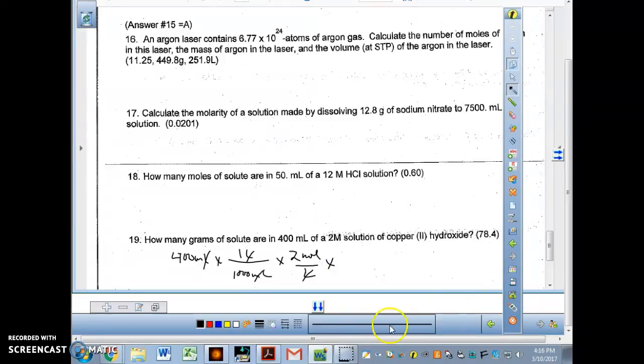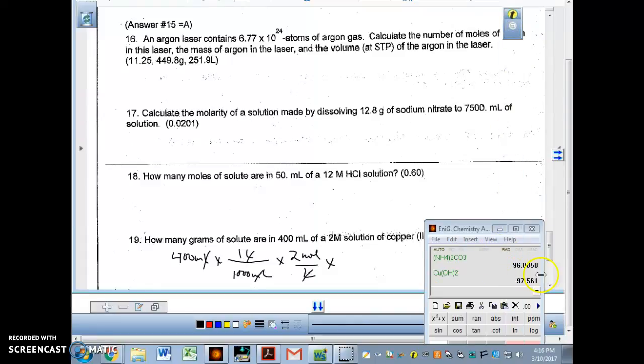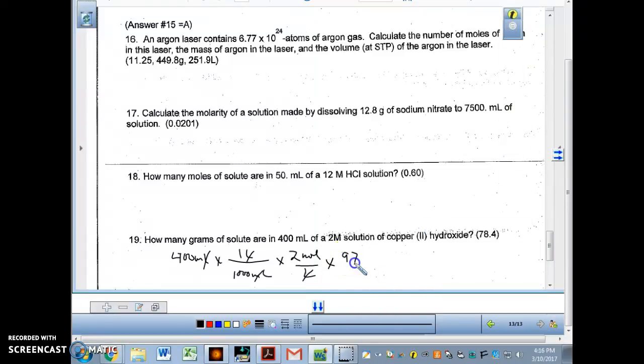Then we'll multiply by that molar mass, which was, remember it over here, 97.6 grams per mole. Moles cancel. And we should get 78.4 if we do that. I got 78.1 actually on that, so a little bit different than their answer, so 78.1. But we'll live with it.